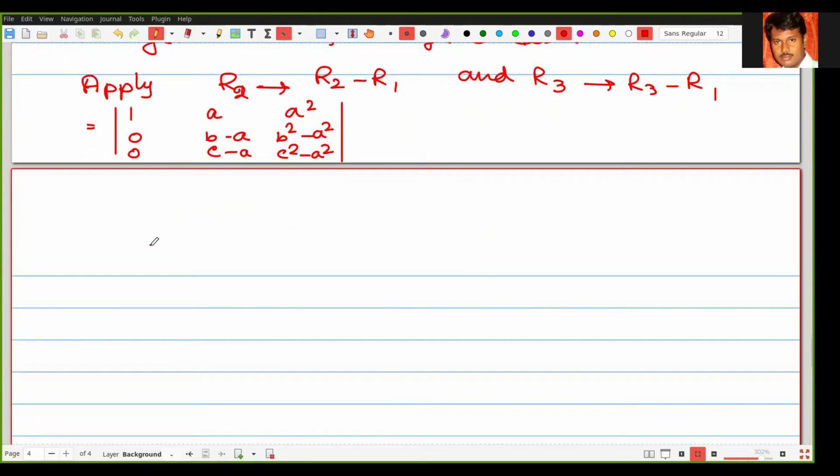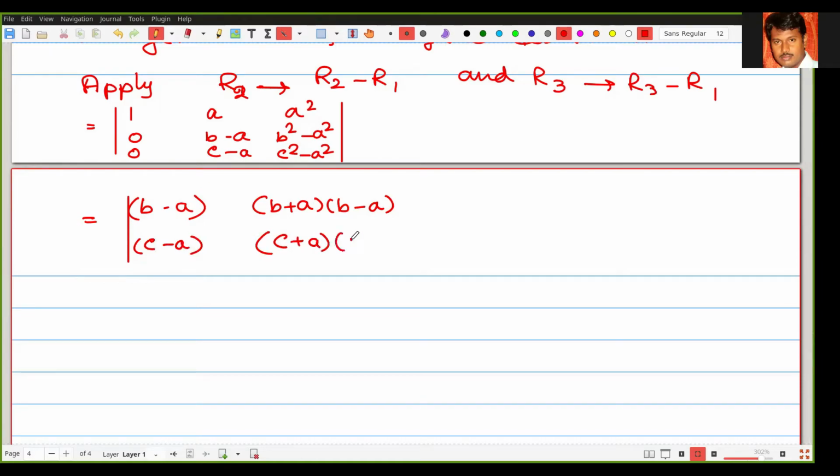So we can write that one as B minus A, B plus A into B minus A as B square minus A square, C minus A, and that one is also C plus A into C minus A. Now we can take common the B minus A from the first row and the C minus A from the second row.